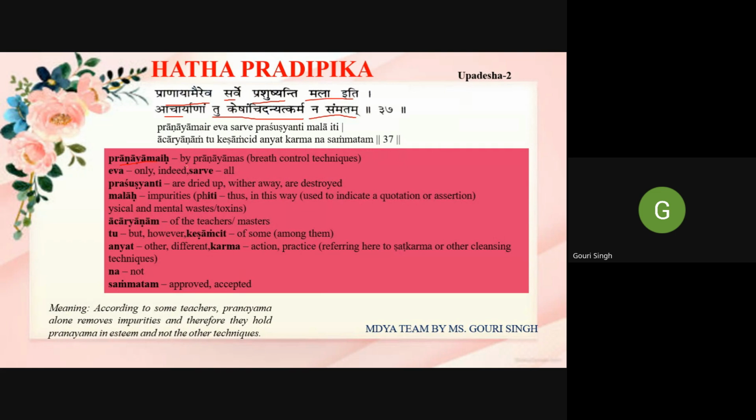Pranayamaha: the breath control techniques, the kumbhakas discussed here, that is considered pranayam. Eva means pranayam is the only thing. Sarve prashusyanti mala means that by practicing pranayam alone, all the malas, the impurities, become destroyed.